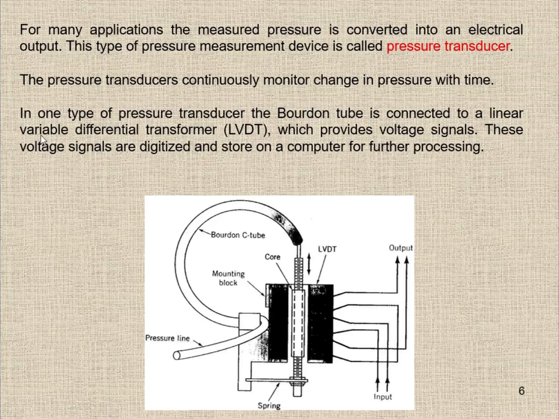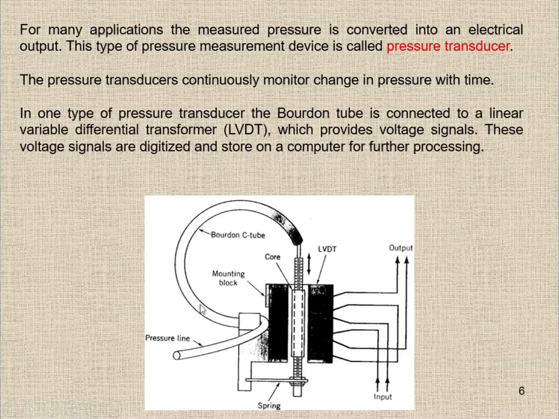How does it work? In one type of pressure transducer, the Bourdon tube is connected to a linear variable differential transformer, LVDT, as shown in the figure.